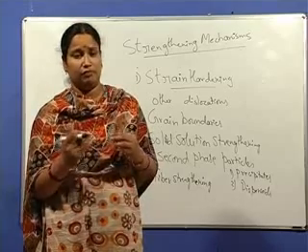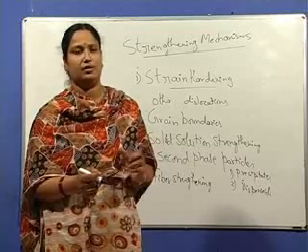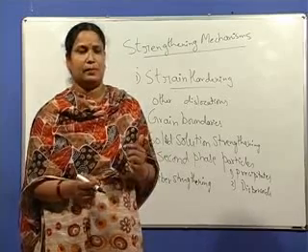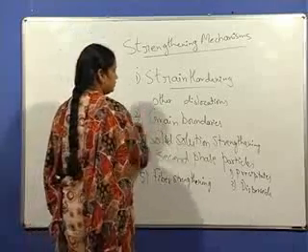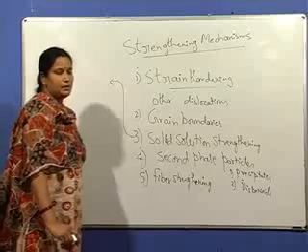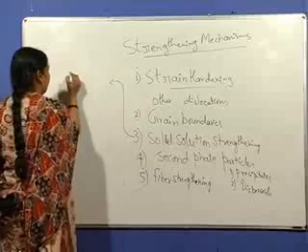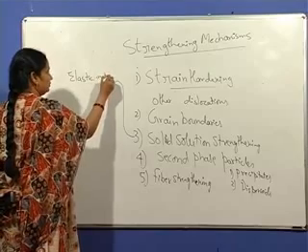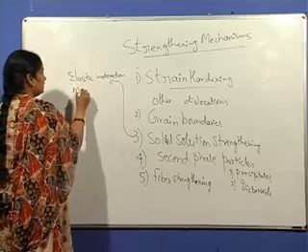Now, what are the different ways by which solid solution contributes to strengthening? In solid solution, we have different types of interaction that take place between the solute and the dislocation. The first is the elastic interaction. The second is the modulus interaction.